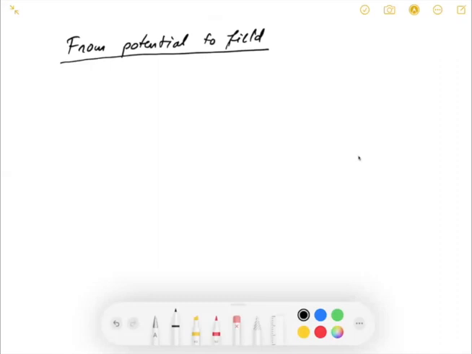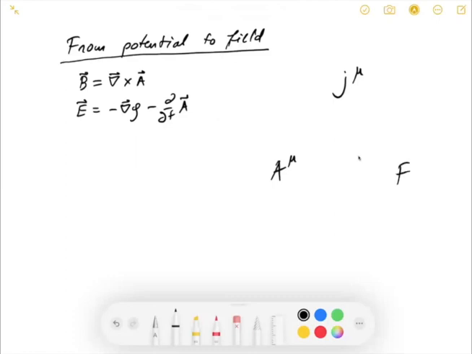Before, we can always get the magnetic field by taking the curl of A, and we can get the electric field by taking minus the gradient of phi minus d dt of the vector A. So that's how we can go from the potentials to the fields. So far we have talked about the current 4-vector, the potential 4-vector, and the field tensor. And we have a couple of relations between them.